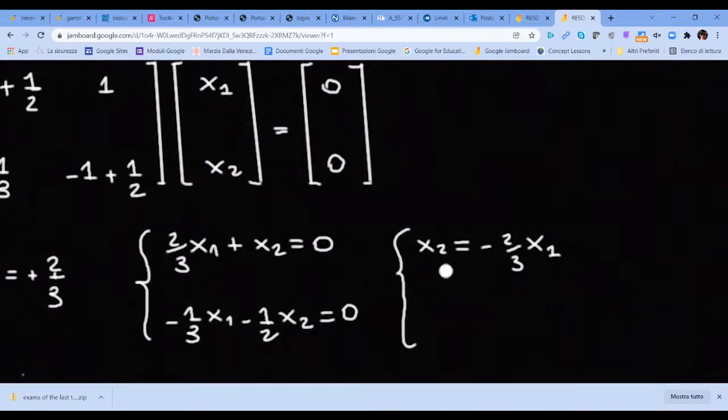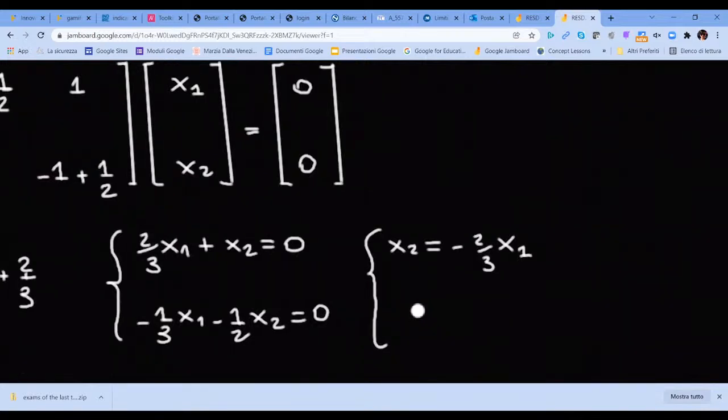And from the second one should come the same, because we already know that if we have maximal rank, there are two values, but if we have rank different from 2, we only have the number of the unknowns, that is 2 minus the rank of A, 1, so we have 1 degree of freedom.